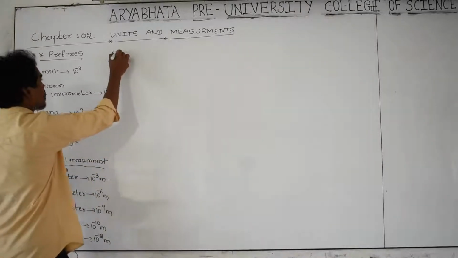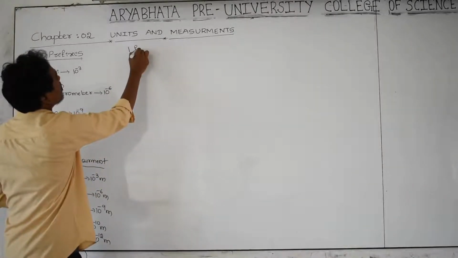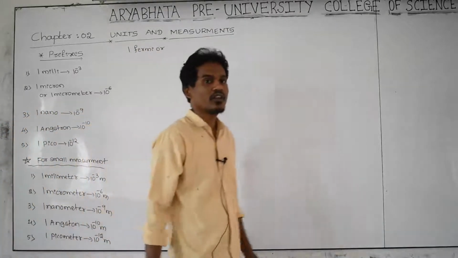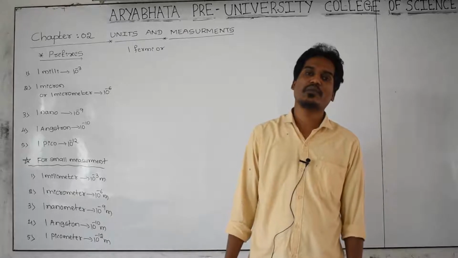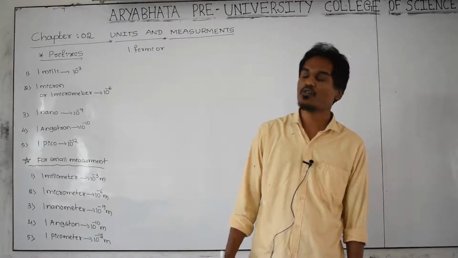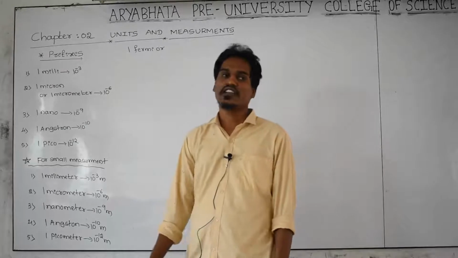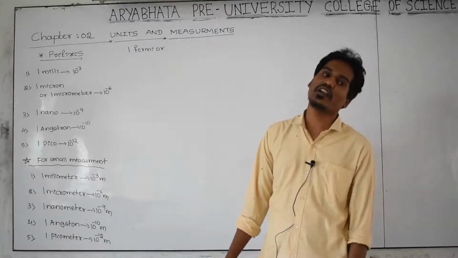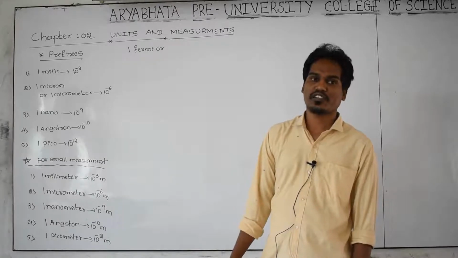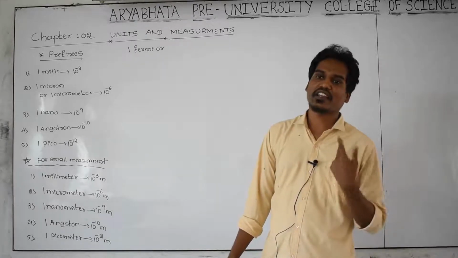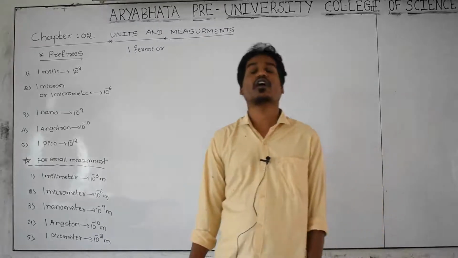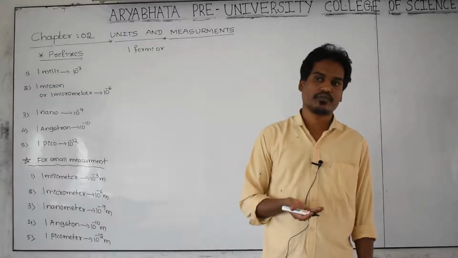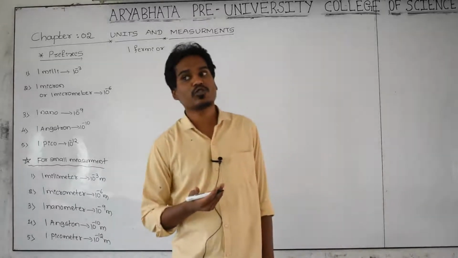And next is 1 Fermi, sometimes called 1 femtometer. Fermi is the name of a scientist. We use this unit in the measurement of very short distances, in quantum physics or atomic physics, while measuring the radius of an electron, a proton, a neutron or an atom, that is, microscopic particles.